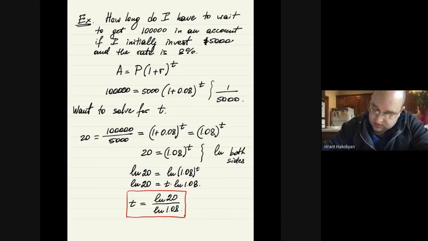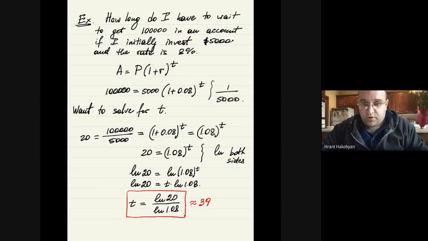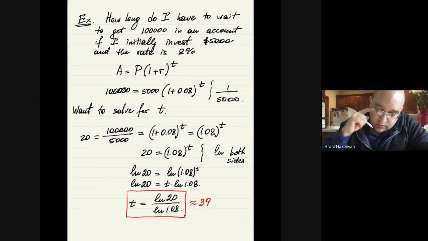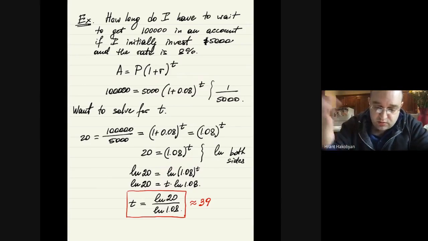That's 38 approximately, almost 39. So it's approximately 39 years that you have to wait if you invest 5,000 and you want to get 100,000.